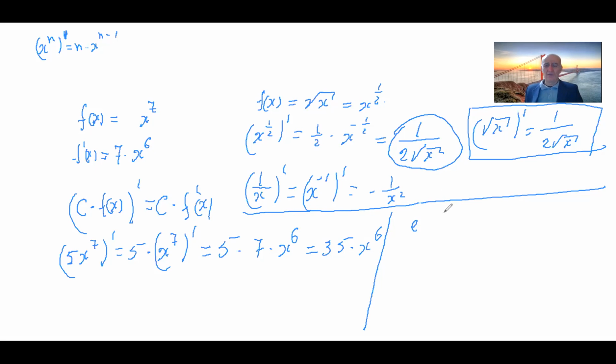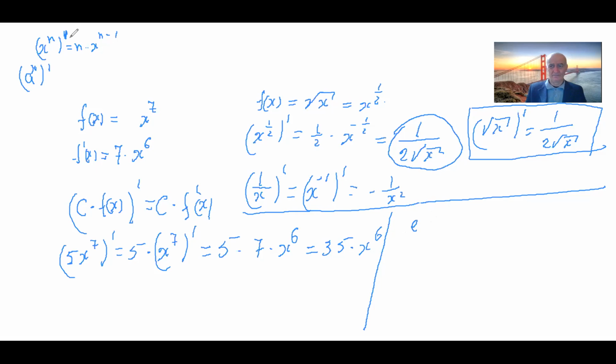One of the advantages of this number e is that it simplifies formulas in mathematics. And here is one of these examples. And by the way, it's a common mistake, which I will show now.